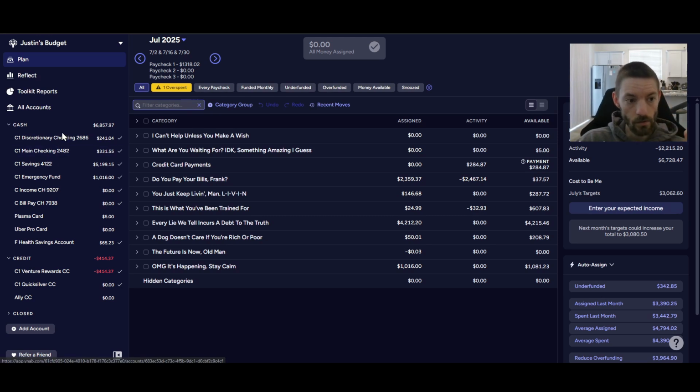If you remember, I had about 15 or 20 accounts listed over here. I also have a lot fewer category groups, and that's because in my old method, the category groups mirrored the accounts. So I had a category group for every account I had, and that is how I used to track things.